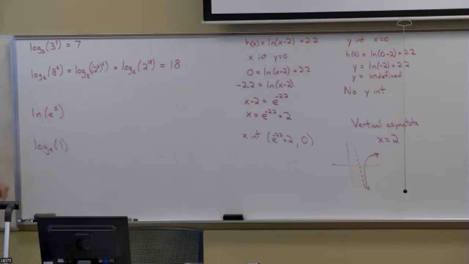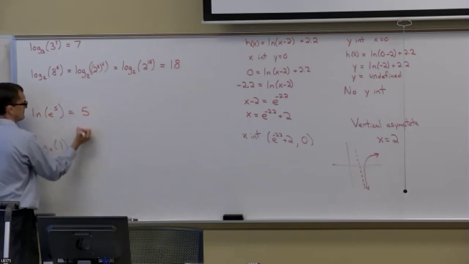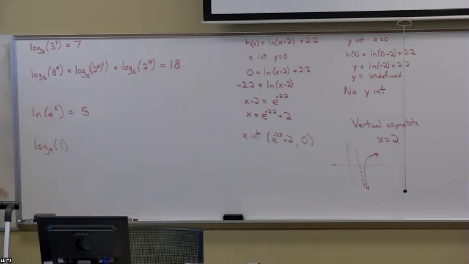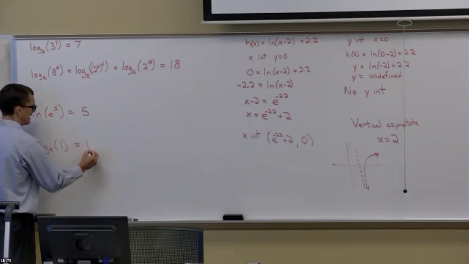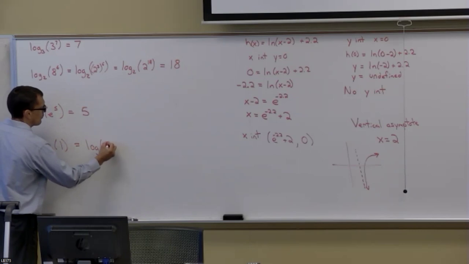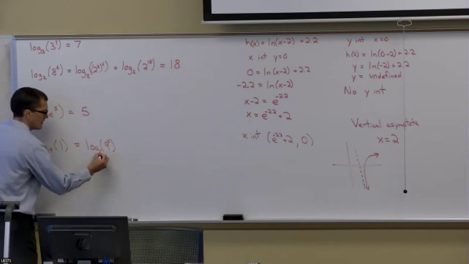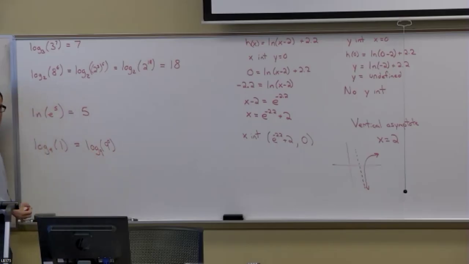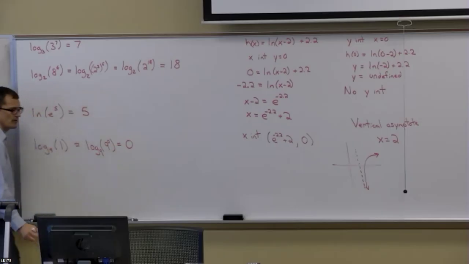Natural log of e to the 5th: since natural log is base e, I just get 5. Log base 9 of 1: again, the way we think of that is 1 is 9 to the 0th power, so I get 0.